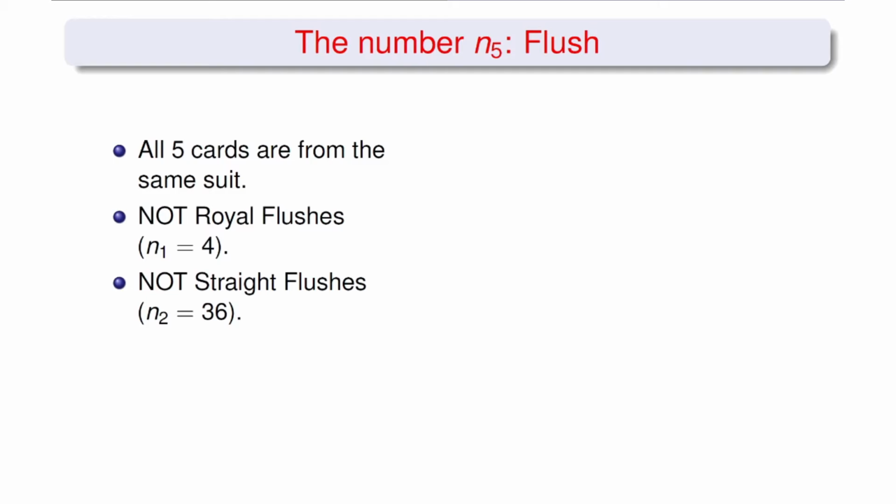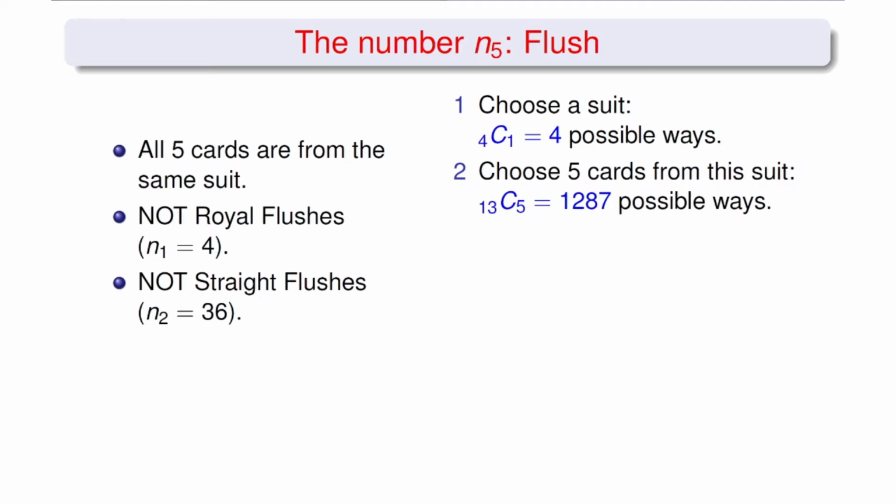Step 1, let's choose the suit. There are 4 suits in a deck, so 4 choose 1. There are 4 possible ways to choose a suit. Now step 2, from this chosen suit, we're going to choose 5 cards.